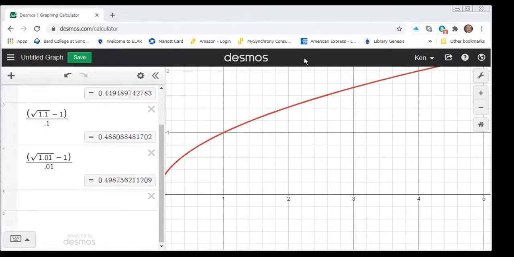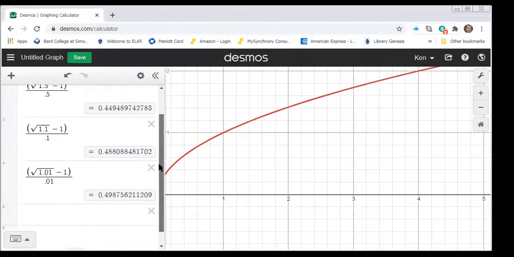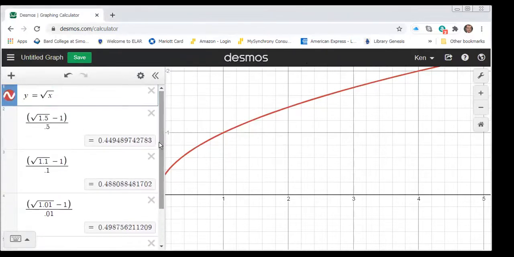I mean, 0.5. Yeah, that seems reasonable to me. So the instantaneous rate of change at the point x equals 1 is going to be the limit of the average rates of change as the right-hand endpoint gets closer and closer to 1.